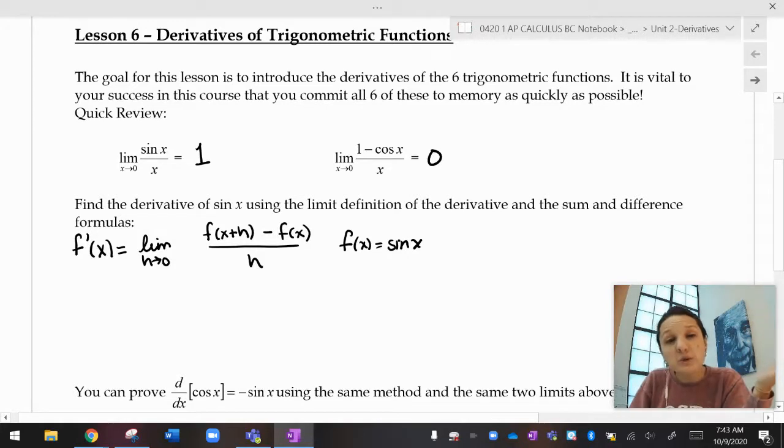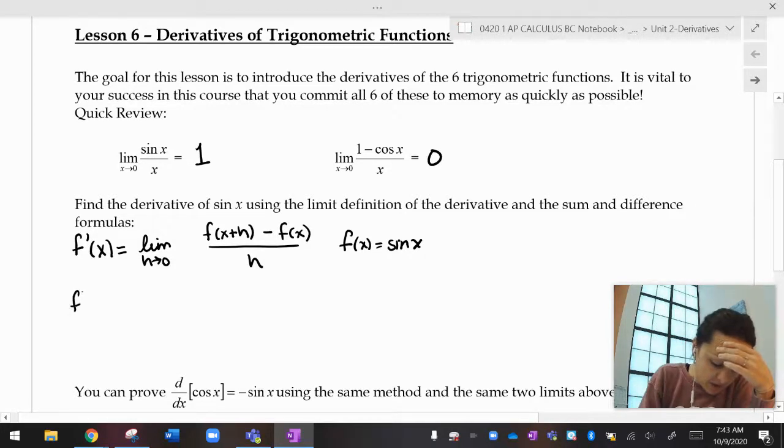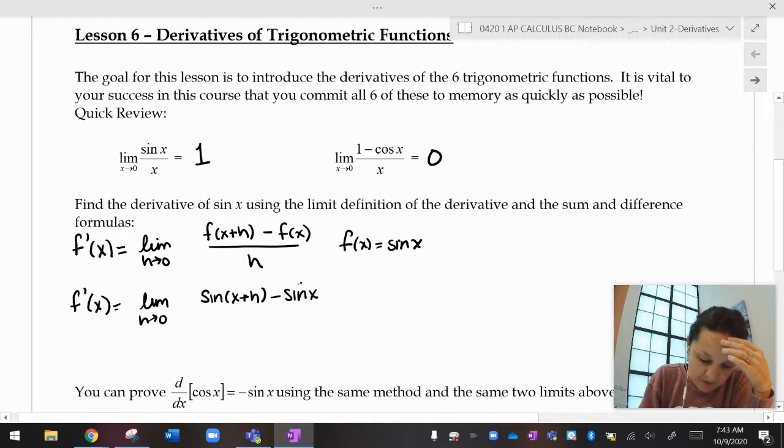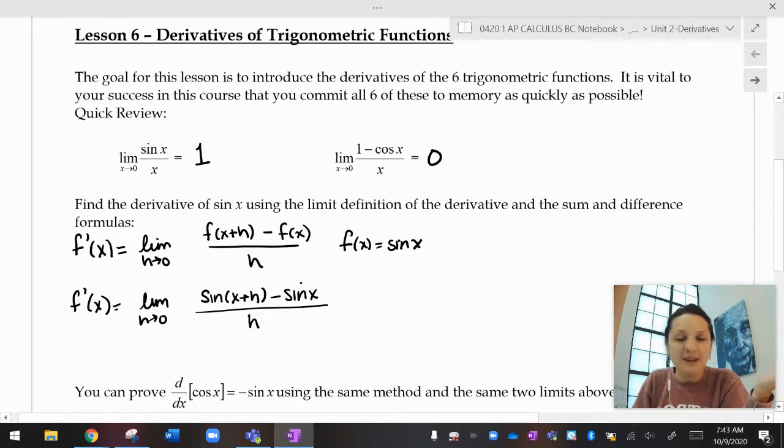Then f prime of x is equal to the limit as h approaches 0 of sine of x plus h minus sine x all over h. But if I plug in h goes to 0, I have sine x minus sine x over 0. I have 0 over 0. I can't cancel anything out. I'm really stuck right now.